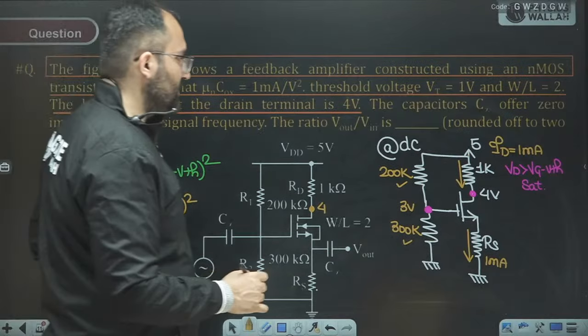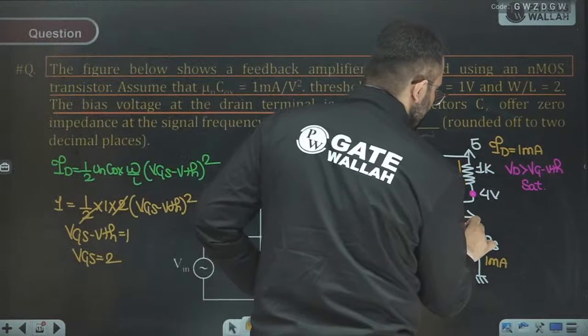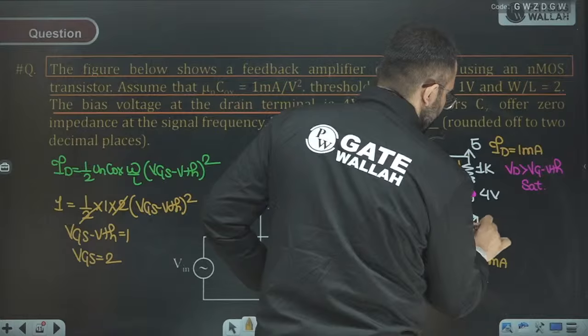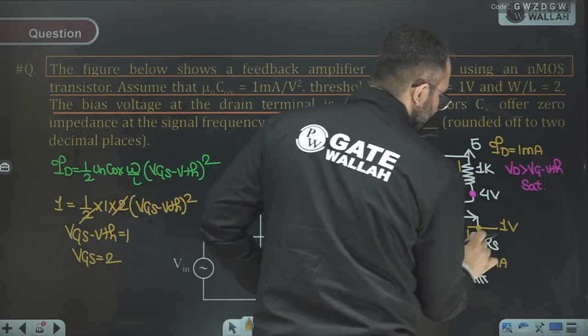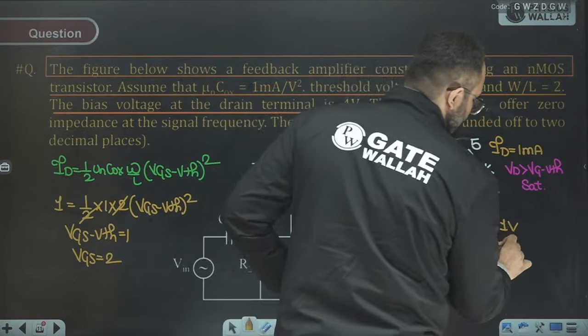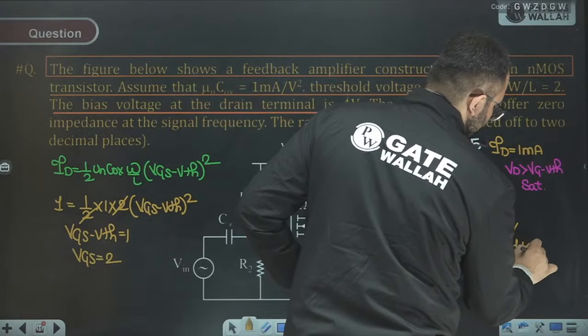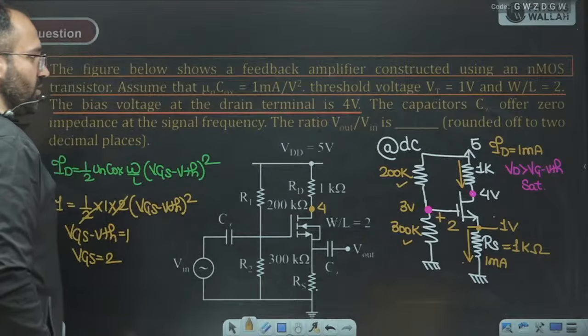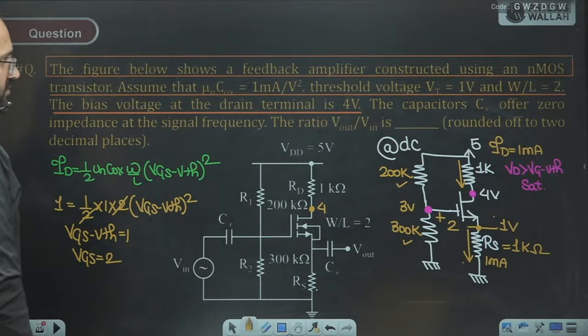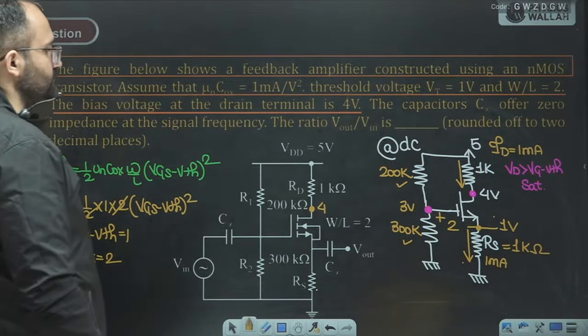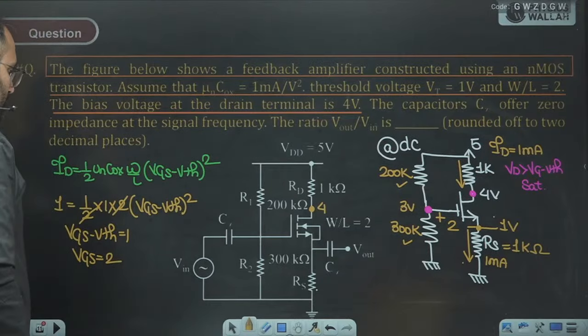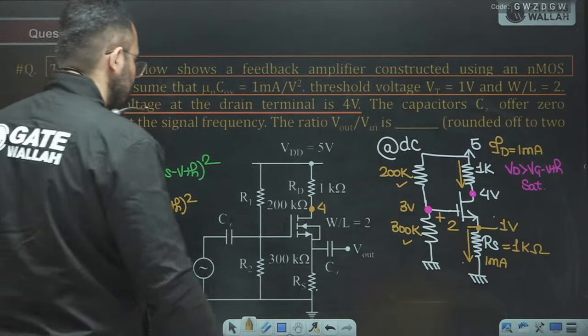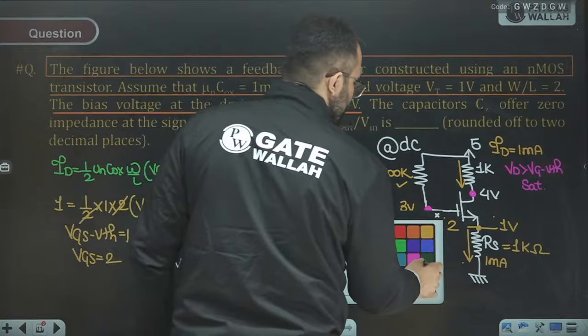So VGS is equal to 2 means here we have 1 volt and 1 milliampere. So we can see that RS is 1 kilo ohm. Please check all of you are able to do it or not. RS is 1 kilo ohm. All of you are able to do it, dosto.